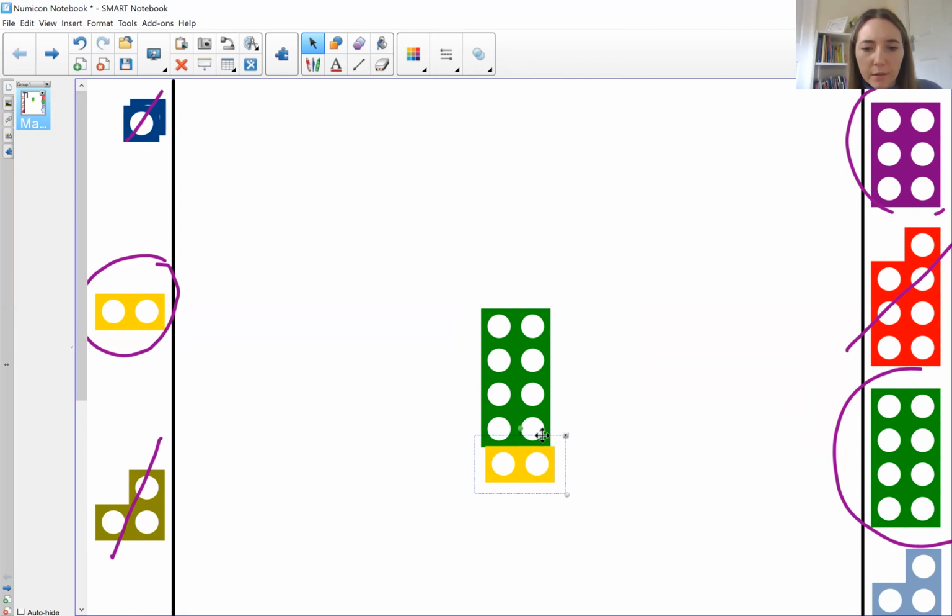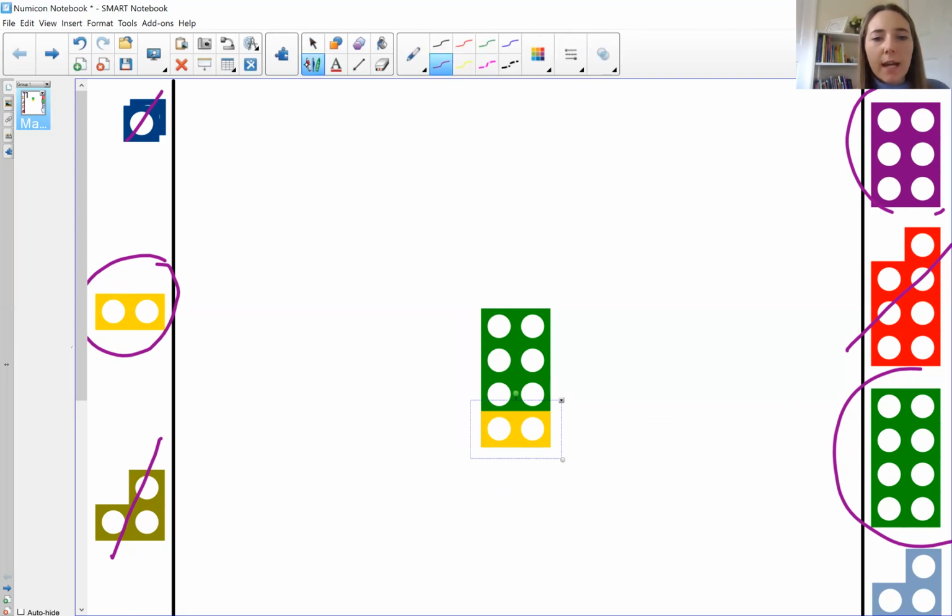There we go, bring to the front. And you'll see I can then find out the difference between 2 and 8. 8 take away 2 equals, and I've got 6 left here, 2, 4, 6. 8 take away 2 equals 6. Is that an even number or an odd number? It's even.